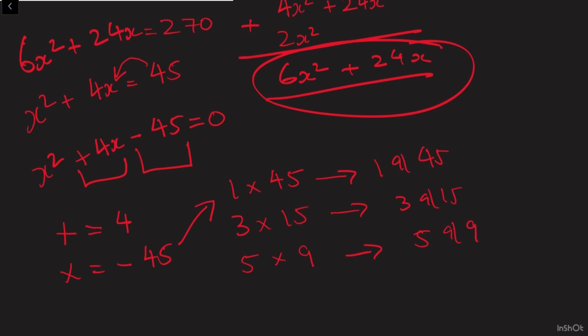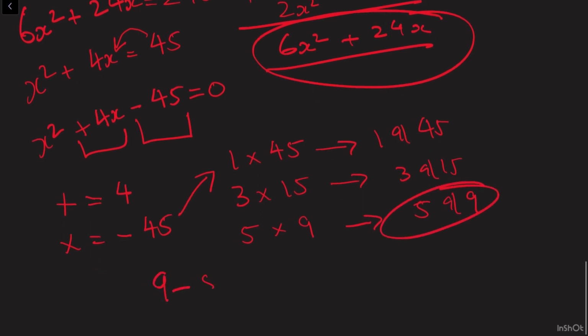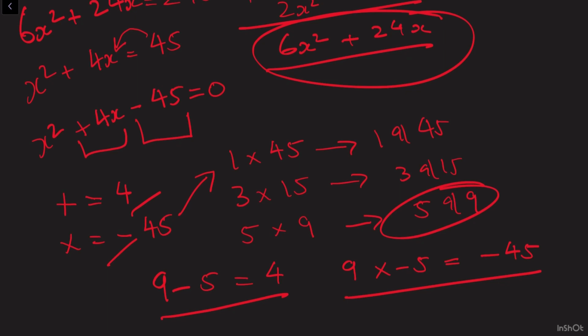Which one of these pairs of numbers would get us 4 if we could change the sign of any of these numbers? The answer is 5 and 9, because if you did 9 minus 5, you get 4. And also if you do 9 times minus 5, you get minus 45. That fulfills our criteria perfectly. So both criteria are confirmed.